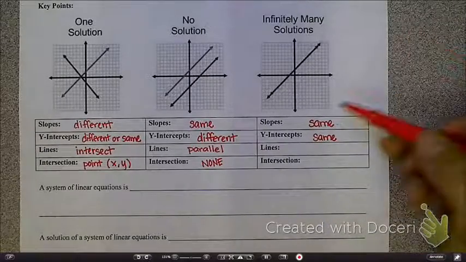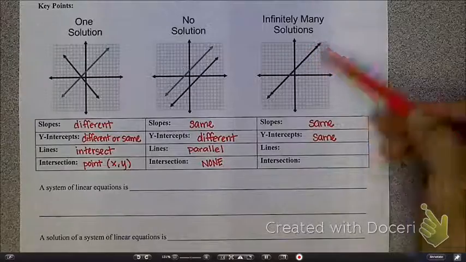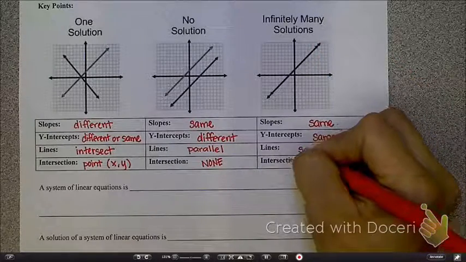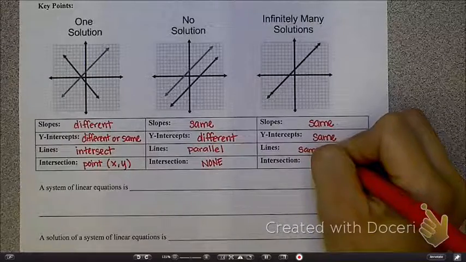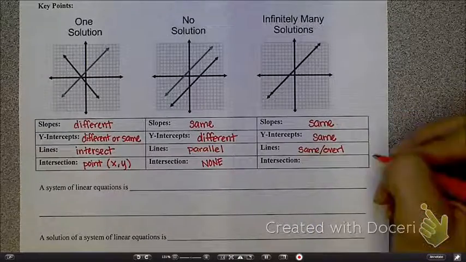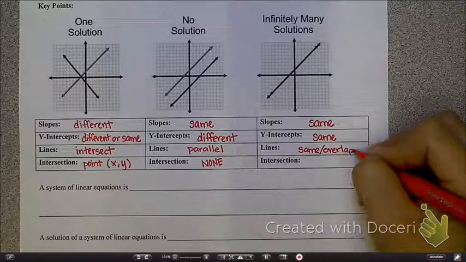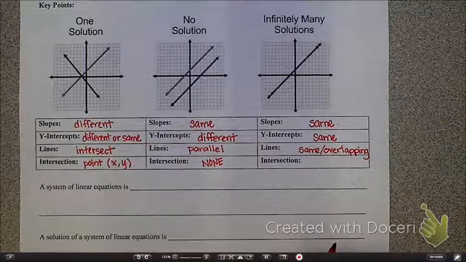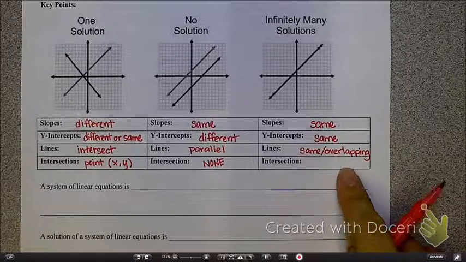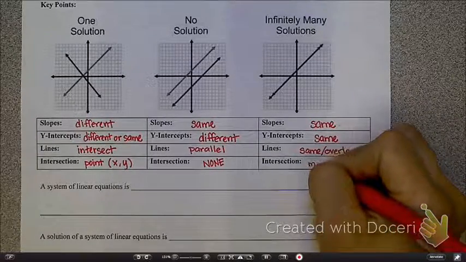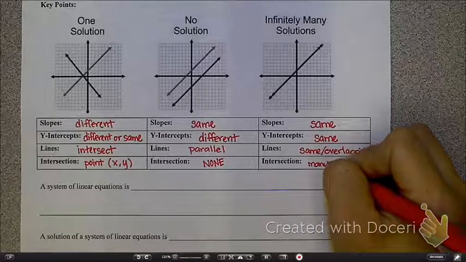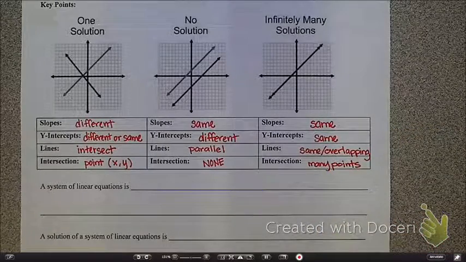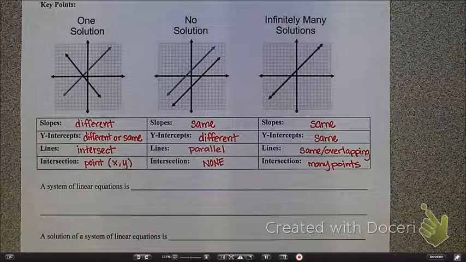Now these two lines are basically the same line, or we could call them overlapping. And what type of intersection do we have? We have many points of intersection. Actually an infinite number, right? So we have many points of intersection there.